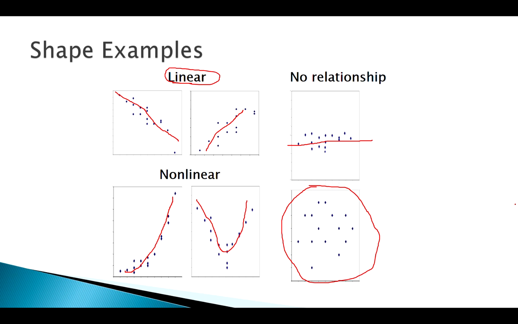Why is there no relationship there? Well, think about what this means. We've got x here, we've got y here. What a relationship like this means is as x is getting bigger, y doesn't really seem to be changing. So that's why we would say this is no relationship as well.